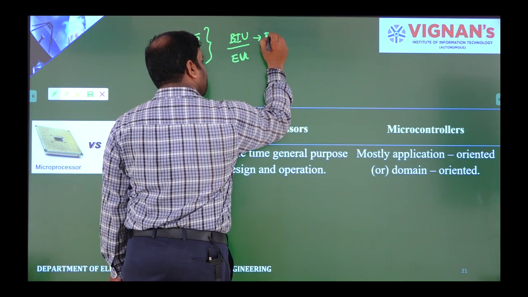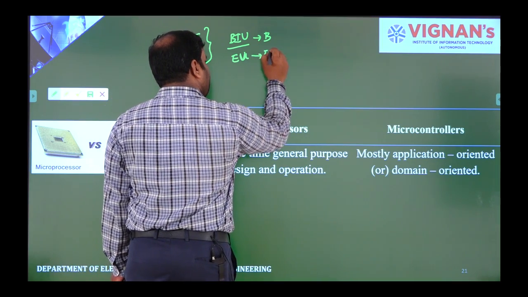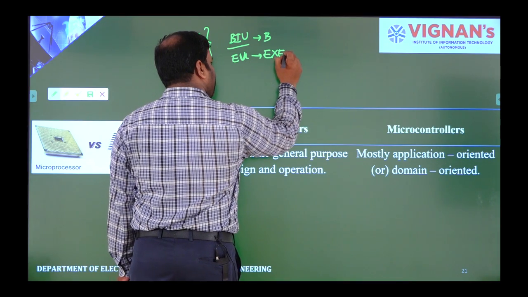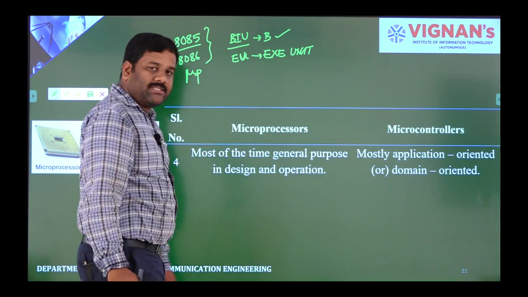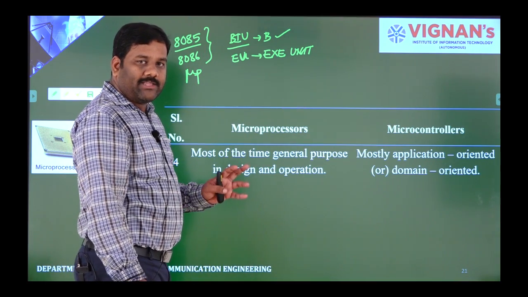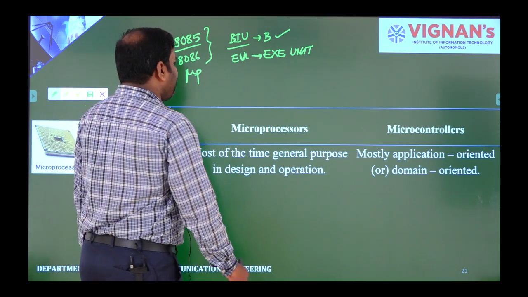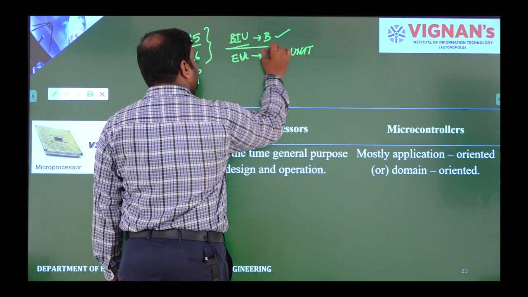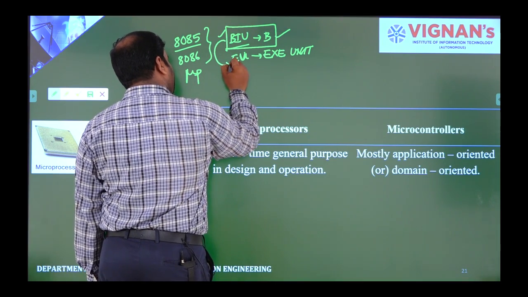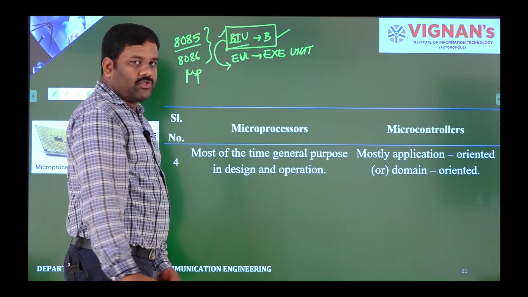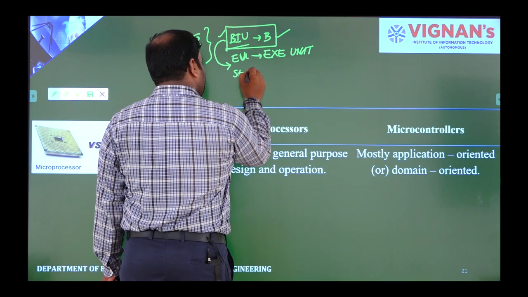BIU means bus interface unit, and this one is the execution unit. Here entire instructions travel from one place to another, like memories to processor, ALU to memory, memories to output devices. Once the operation is performed by the BIU, it becomes an input for the EU, the execution unit, where the code is loaded.